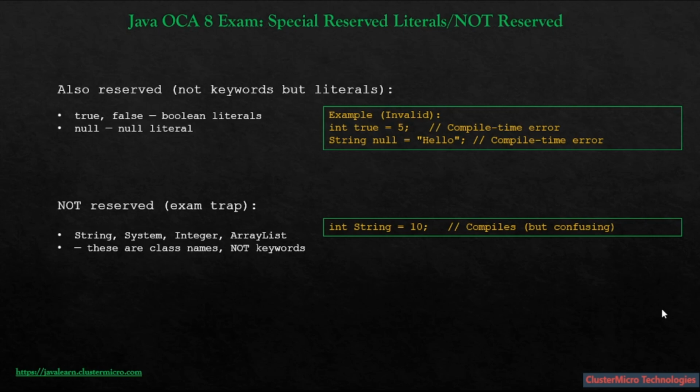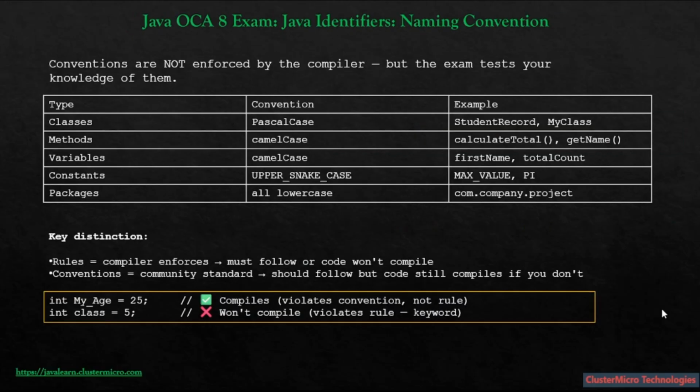Then we have Java identifier naming conventions. There are many various things here, right? For classes, we have to use PascalCase, so every word starts with an uppercase letter. You can have a class name StudentRecord, in that case we use capital S and capital R. StudentRecord, MyClass with capital M, capital C, BankAccount with capital B, capital A. So for classes it's called PascalCase. And then for methods and variables, we have to use camelCase.